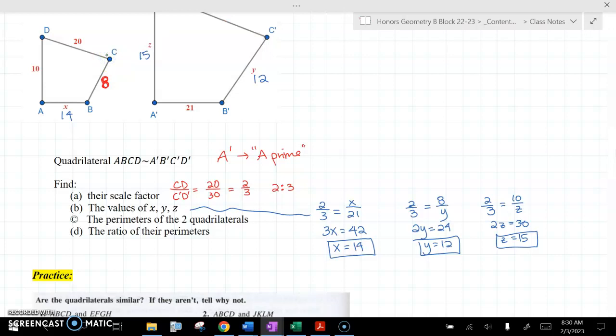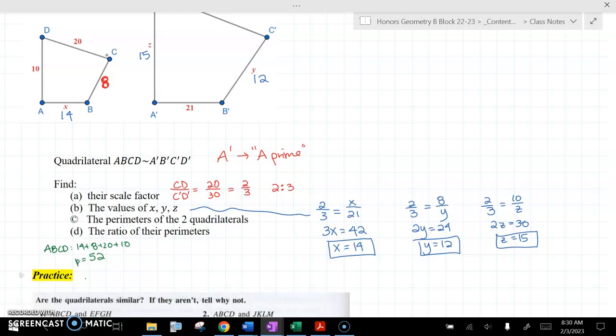So now let's take a look at part C, which just asks us to find the perimeters of the two quadrilaterals. So for ABCD, we're just going to add all the sides together, 14 plus 8 plus 20 plus 10. So you should have ended up finding that the perimeter of ABCD is just 52.